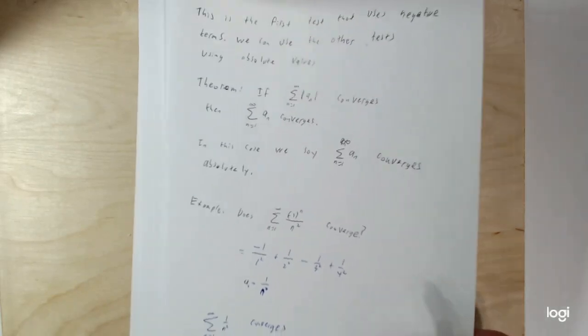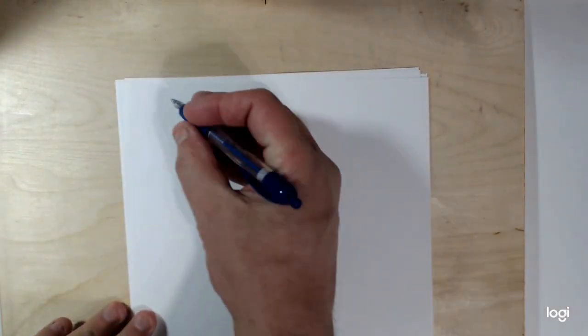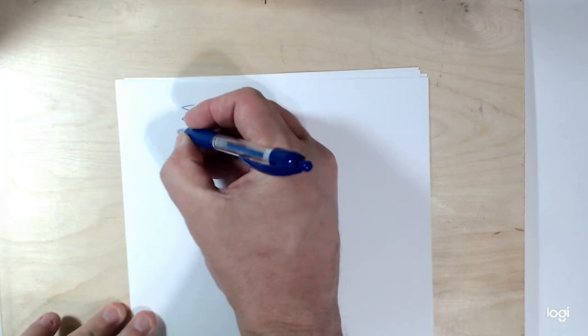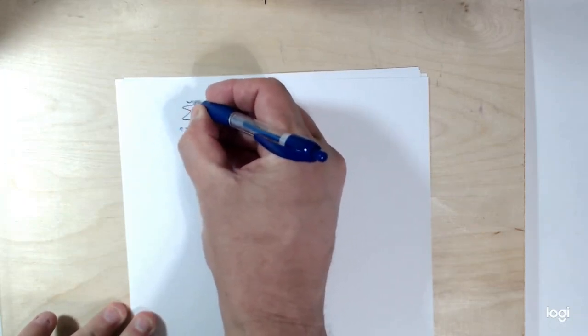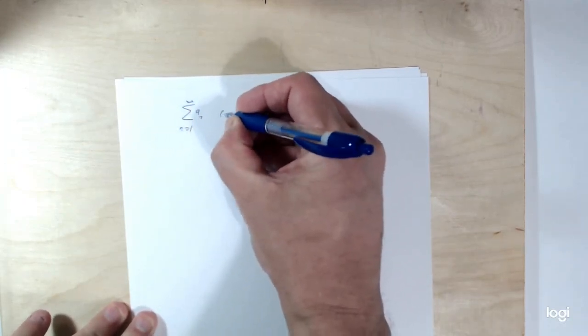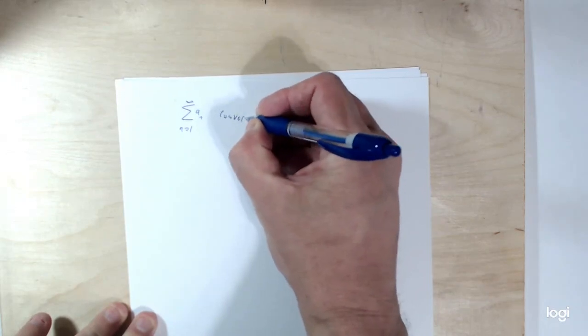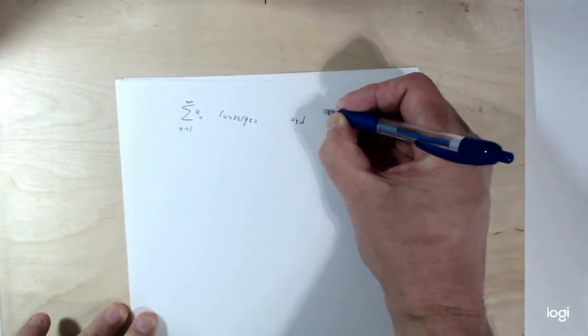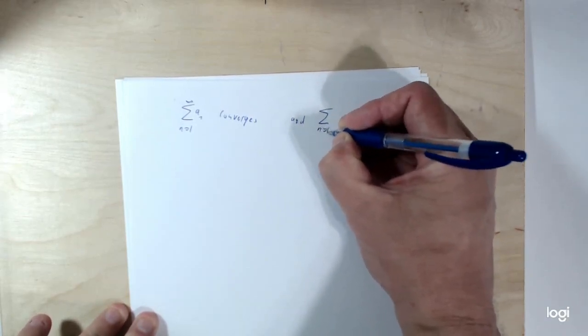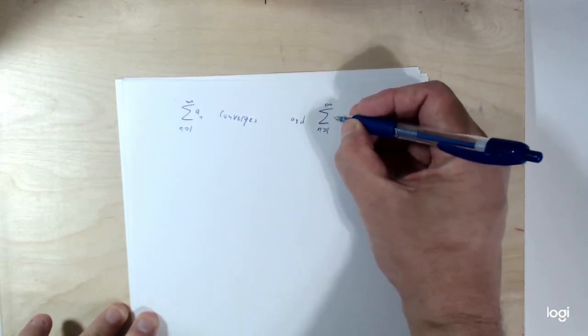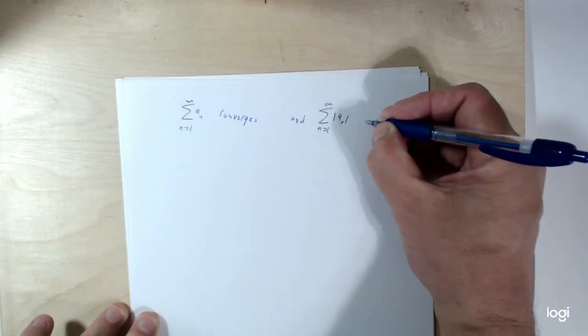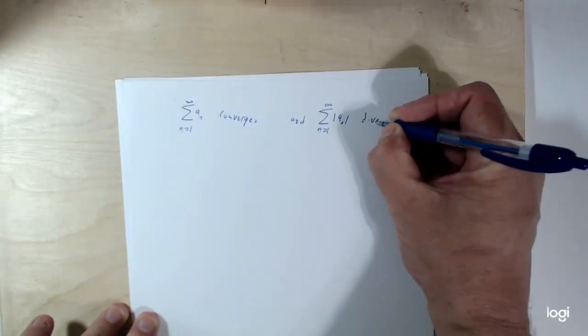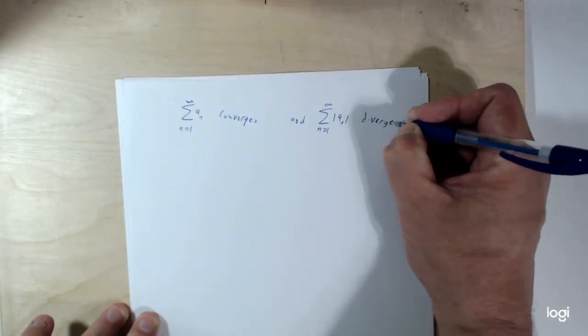Okay, if we have the case that the sum n equals 1 to infinity of a sub n converges, and the sum n equals 1 to infinity of absolute value of a sub n diverges, which was the case with our first example.